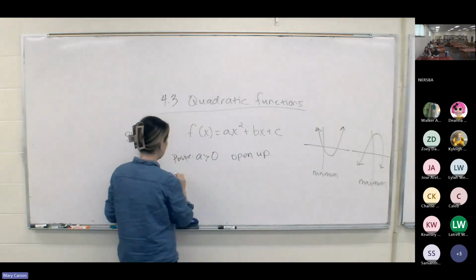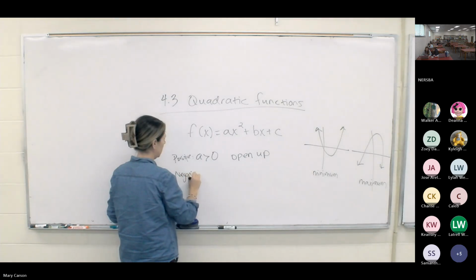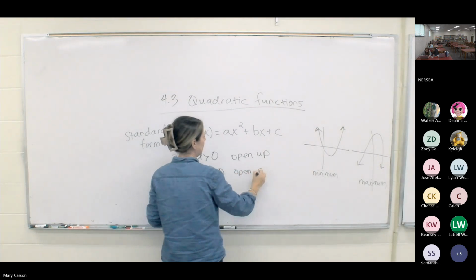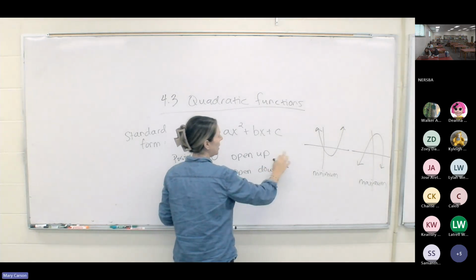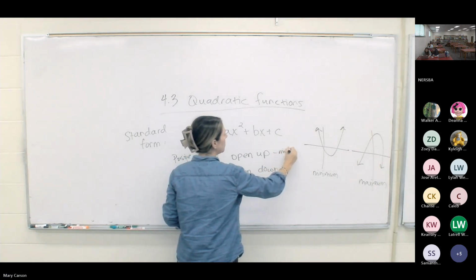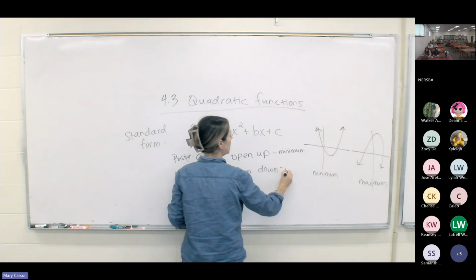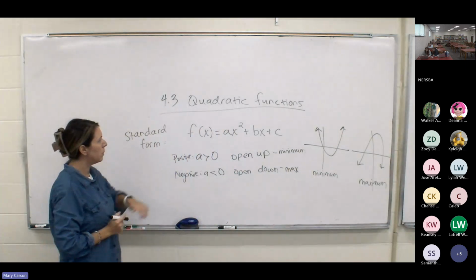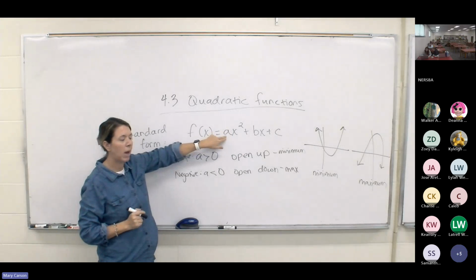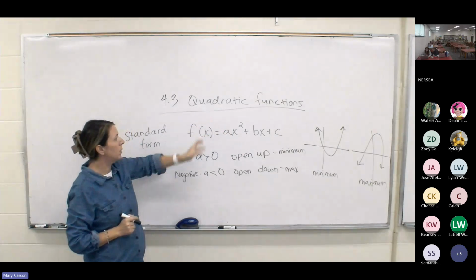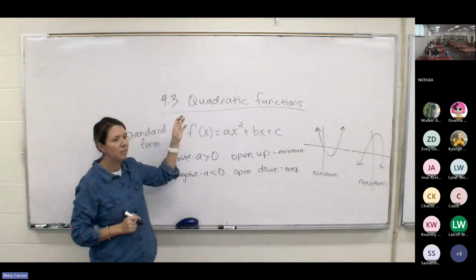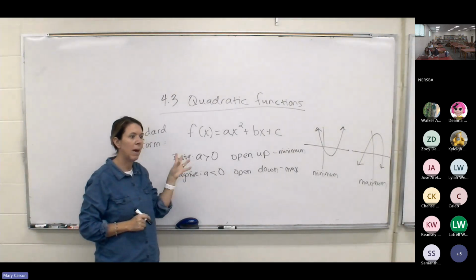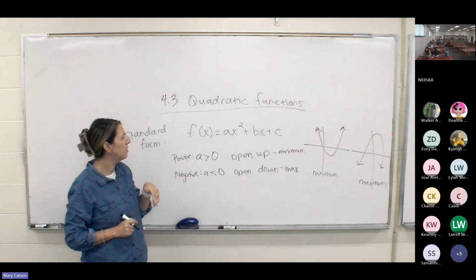All right, if A is negative, less than 0, it's going to open down. Opening up means the minimum. And opening down means the max. So depending on what this value is, if it's positive, it is going to open up. And if it's negative, it's going to open down. If it's positive, it's going to be a minimum. If it's negative, it's going to be a maximum.